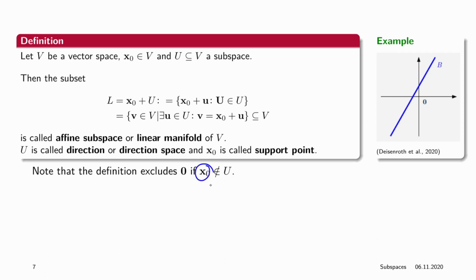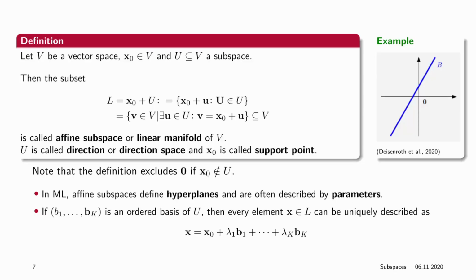Note that this definition also means that L does not include 0 unless x0 is an element of this direction space. And also note that if x0 was an element in U, then actually U and L would be identical. In machine learning, we typically use affine subspaces to define hyperplanes.